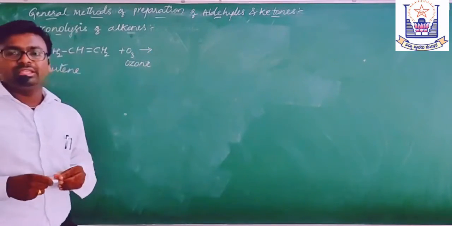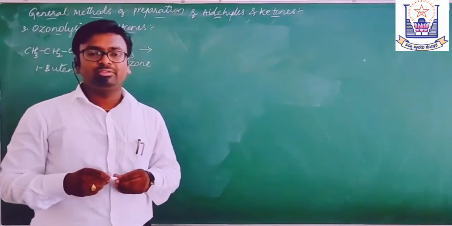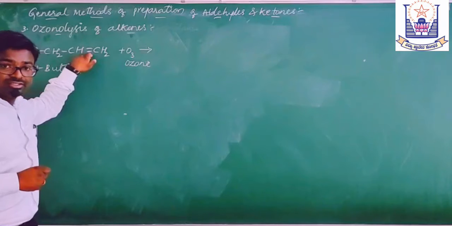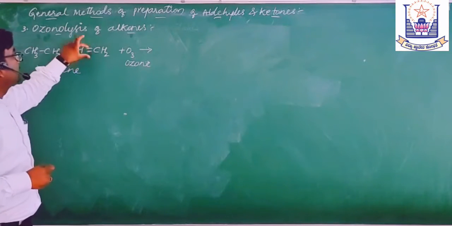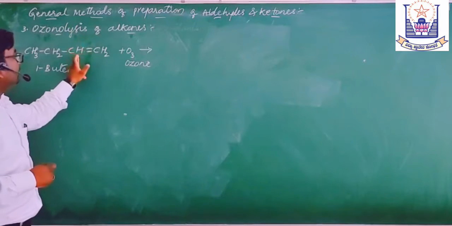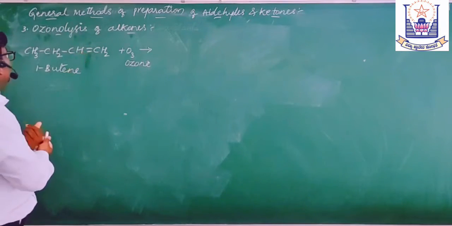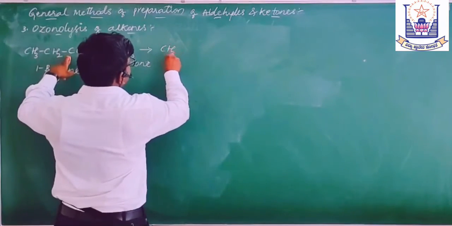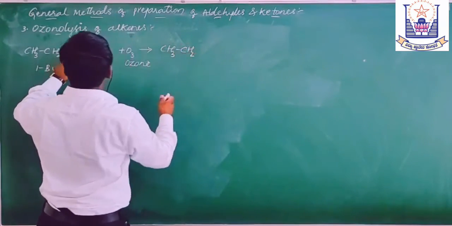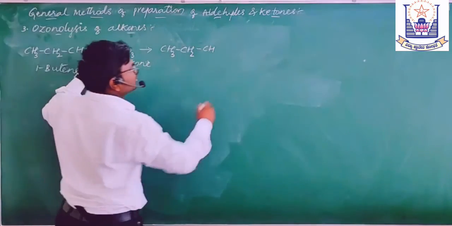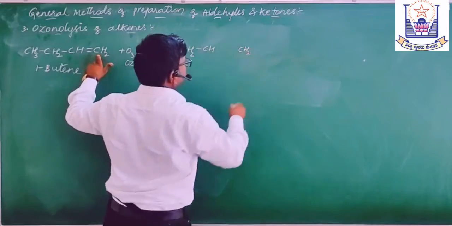It will form a cyclic ozonide. Where there is unsaturation, the O3 molecule will attack. Breaking of the bond between carbon and carbon takes place, and the remaining part will be as it is: CH3CH2CH and CH2.